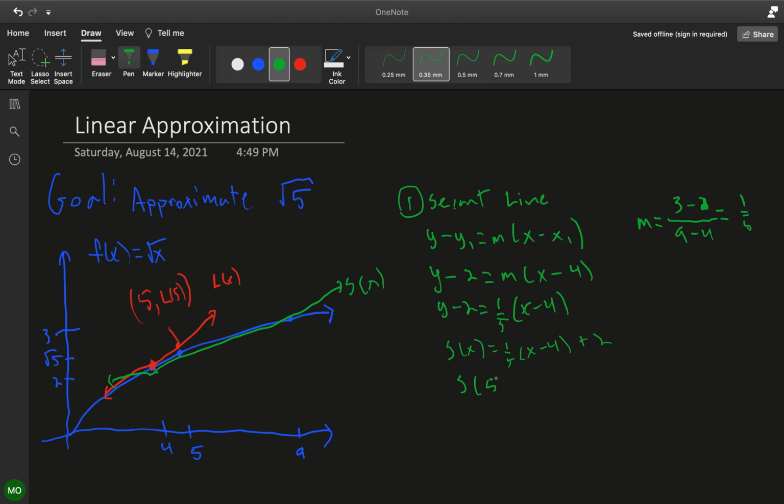So s of 5 is going to be equal to 1/5 times 5 minus 4 plus 2, which is equal to 2 plus 1/5. So here's one of our linear approximations, using the secant line.